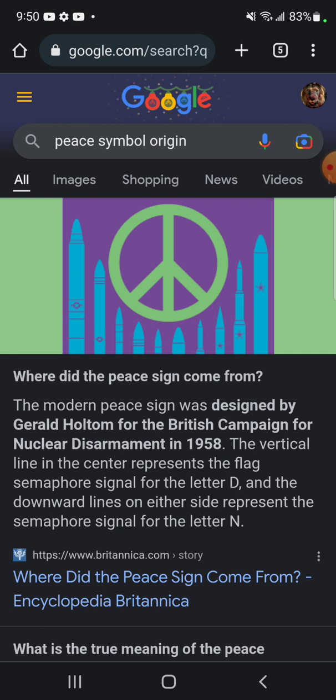So I was looking for a thumbnail for a video I've done, and I was looking for stuff to resemble peace and everything, and I get this symbol. I don't want to use it because I don't know the actual meaning behind it, or where it originates, or what it means for real.